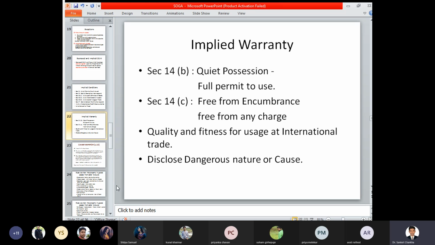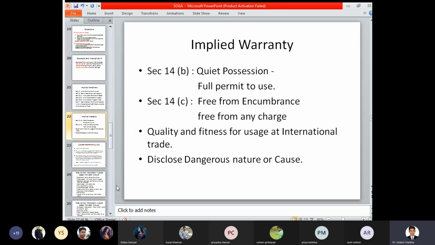If I am traveling from one country to another, my goods are also traveling with me, changing their countries. So whatever goods you are purchasing, it is the duty of the seller to ensure that the goods are fit for consumption and fit for usage at the domestic level as well as the international level.